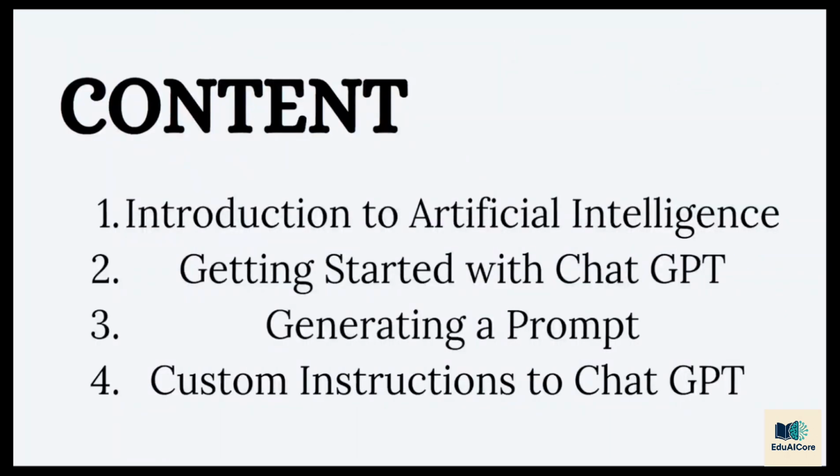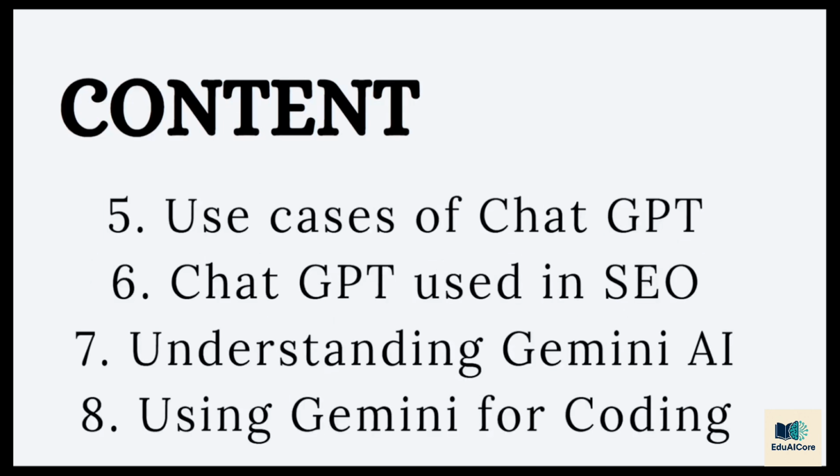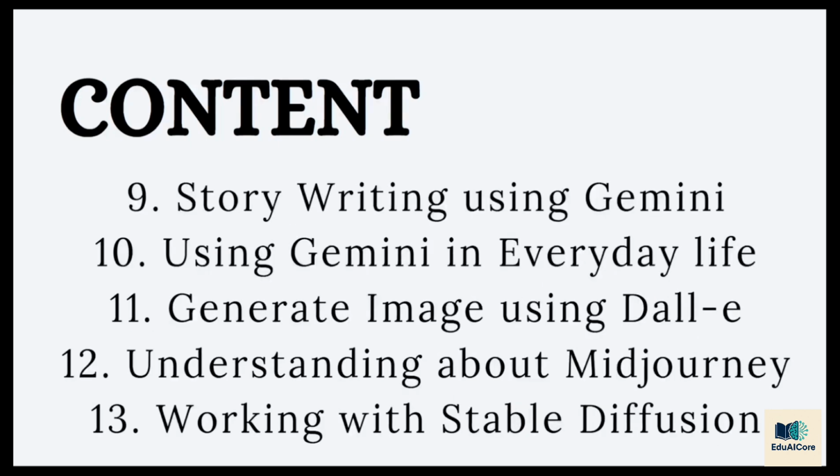Introduction to artificial intelligence, getting started with ChatGPT, generating a prompt, custom instructions to ChatGPT, use cases of ChatGPT, ChatGPT used in SEO, understanding Gemini AI, using Gemini for coding, story writing, using Gemini in everyday life, generate images using DALL-E, understanding Midjourney, working with Stable Diffusion.